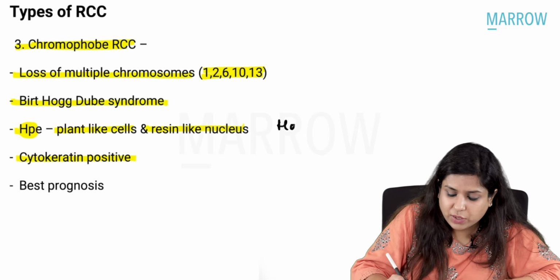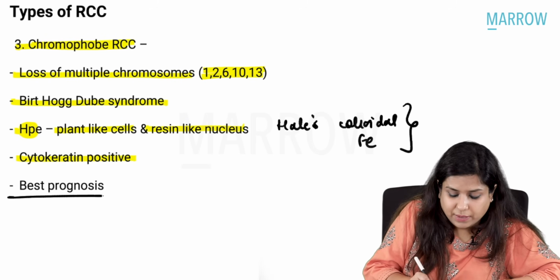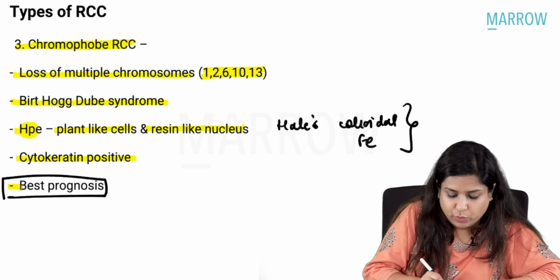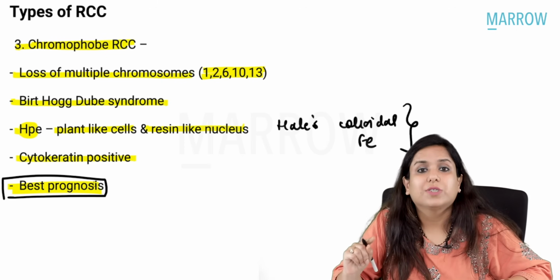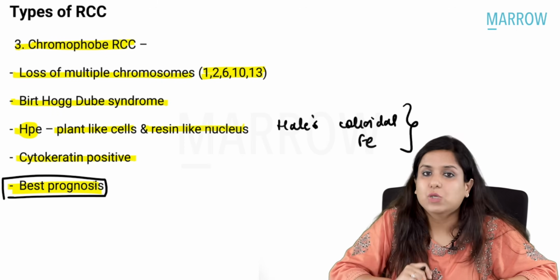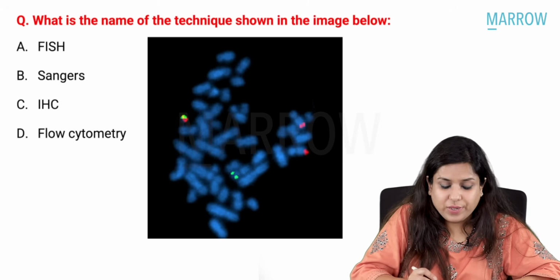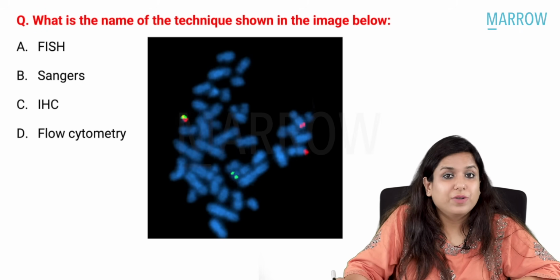A stain which is important here is called Hale's colloidal iron. Which stain is important, students? Hale's colloidal iron, and this type has the best prognosis. The worst prognosis is that of collecting duct or Bellini duct cancer, which is the least common type of kidney cancer, correct?